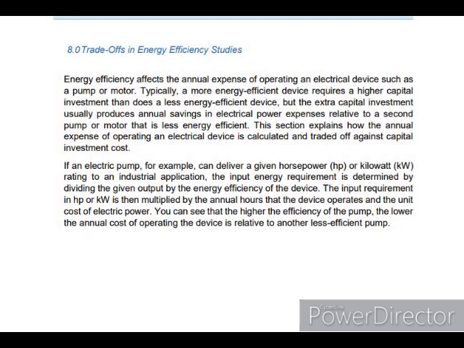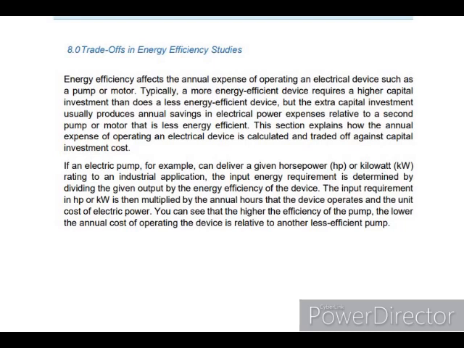Typically, a more energy efficient device requires a higher capital investment than a less energy efficient device. But the extra capital investment usually produces annual savings in electrical power expenses relative to a second pump or motor that is less energy efficient. This section explains how the annual expense of operating an electrical device is calculated and traded off against capital investment cost.